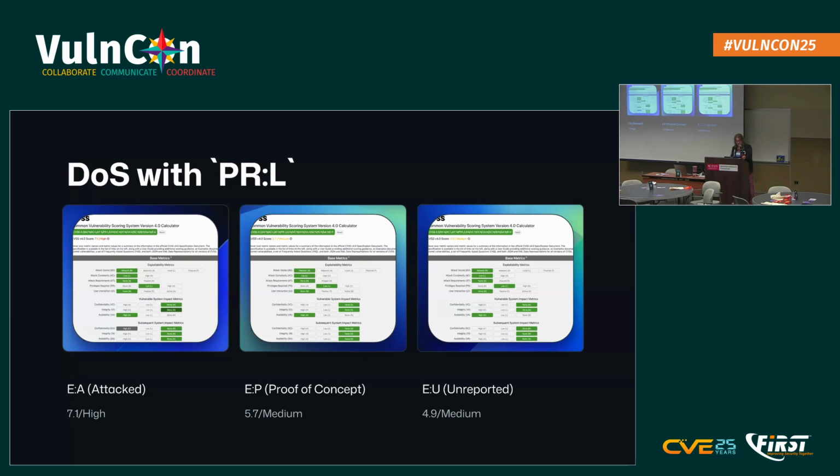So this is a not uncommon situation to use something like E proof of concept or E unreported to make a CVSS 3.1 and a CVSS 4.0 score in better alignment.